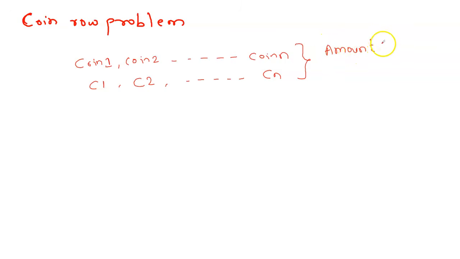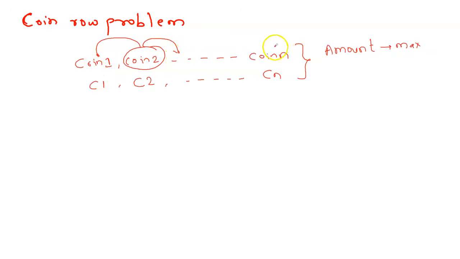For example, consider we picked coin 2, so it means we should not pick coin 1 as well as coin 3, which are adjacent to coin 2, on the left side as well as the right side.